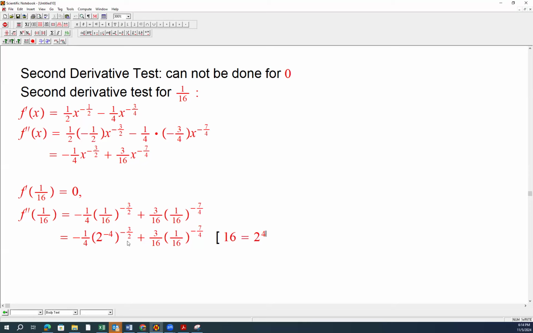Okay, you got it? And so this is going to be 2 to the power of -4 over here as well. So 1/16 is 2 to the power -4, right? Okay, so we got that. It's just some basic arithmetic.